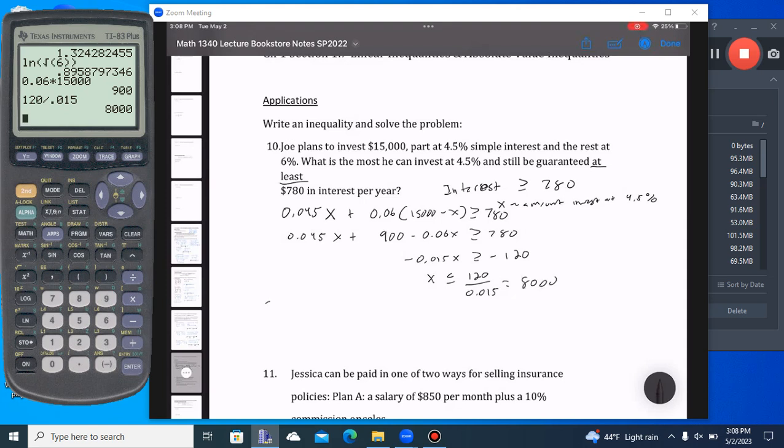Okay, so 8,000 must be invested into the 0.045 account at most. So you don't want any more than 8,000, otherwise you end up making less than 780.